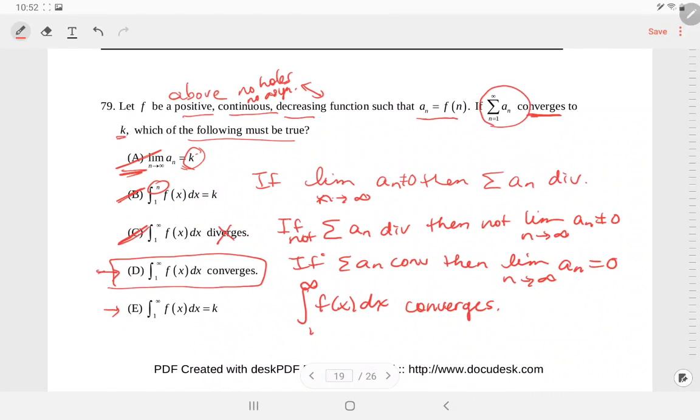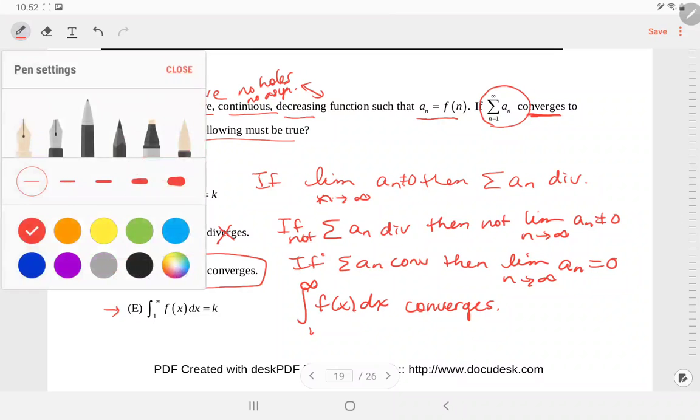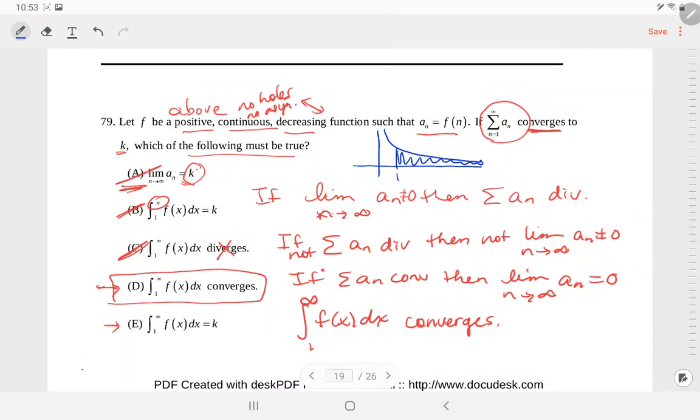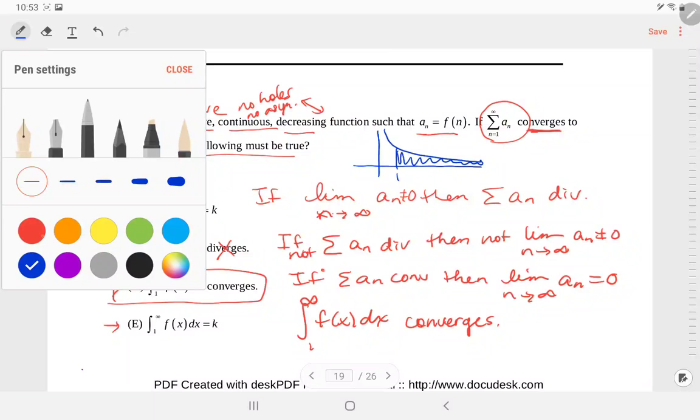Now this is an IB thing that we didn't really talk about. That's okay. But if you have an integral like this, you know what an integral is. You know the integral is this shaded part. But what's interesting is the series. Okay, I'll do it in red.